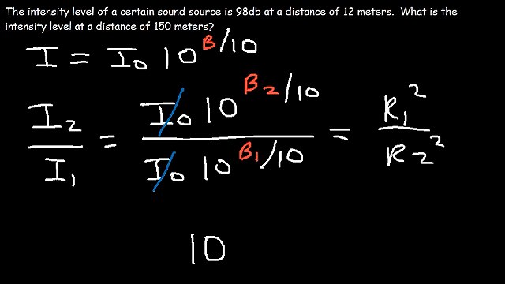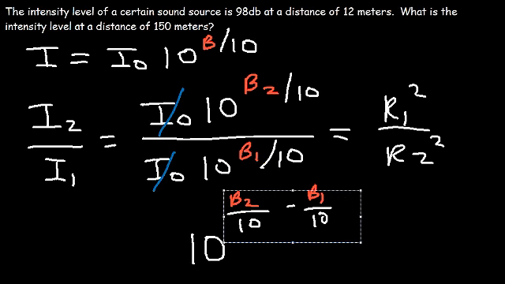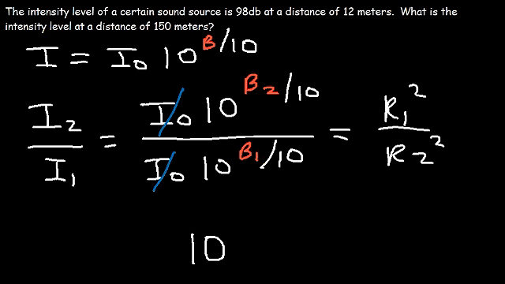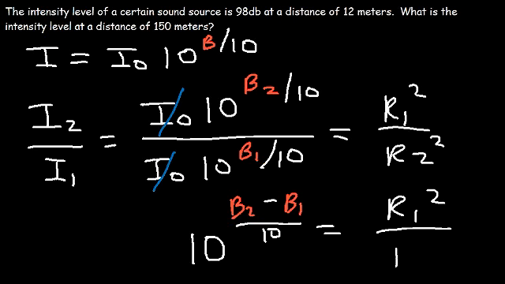So 10 raised to b2 over 10 minus b1 over 10, which is simply the same as 10 raised to b2 minus b1 over 10. And that's equal to R1 squared divided by R2 squared.